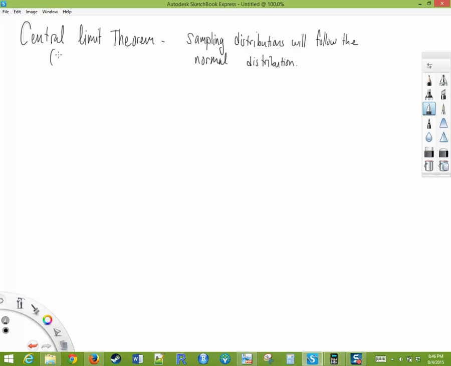Central limit theorem, we might also call it CLT.